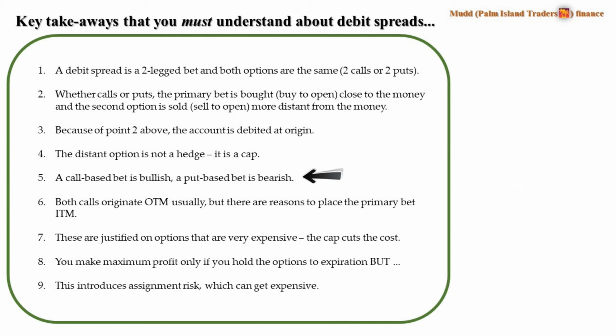That's the opposite of credit spreads. 6, both options originate out of the money usually, but there are reasons to place the primary bet in the money at times. 7, these are justified on options that are very expensive because the cap cuts the cost. 8, you make maximum profit only if you hold the option to expiration, but 9, this introduces assignment risk, which can get expensive. And so that, in summary, is what we have learned so far about debit spreads.